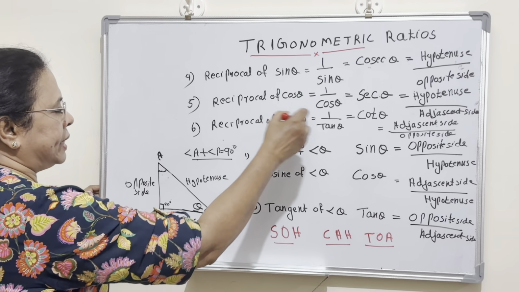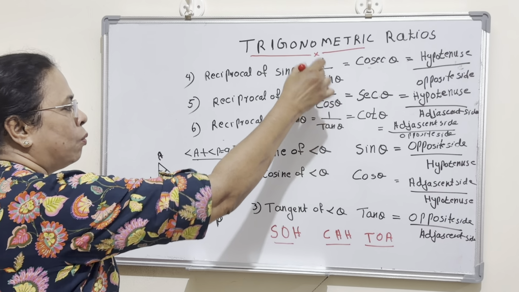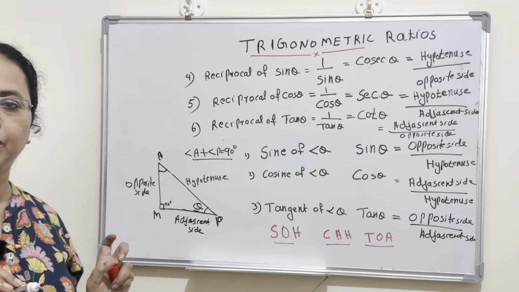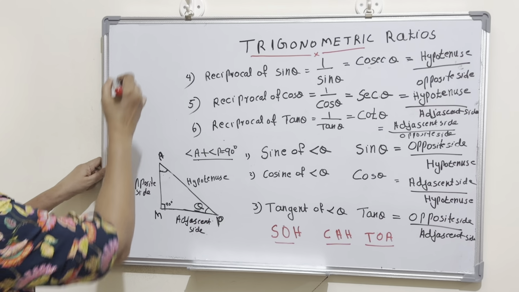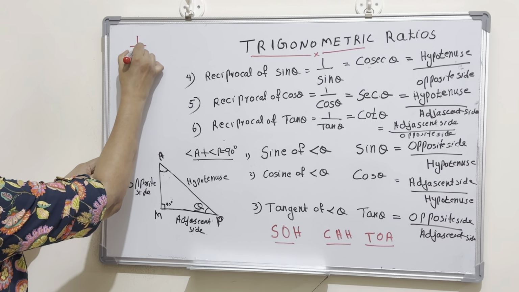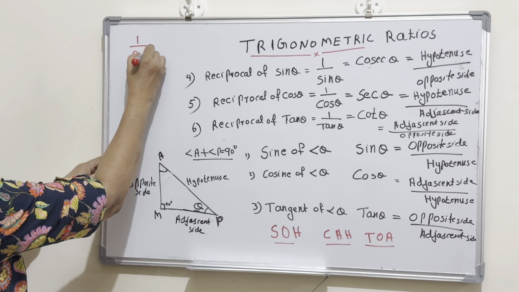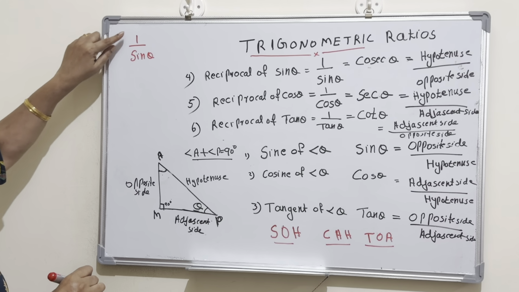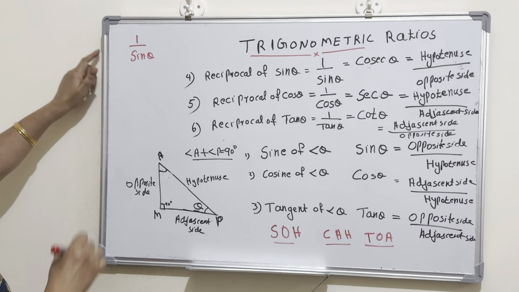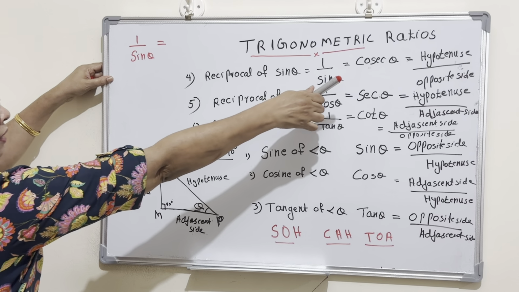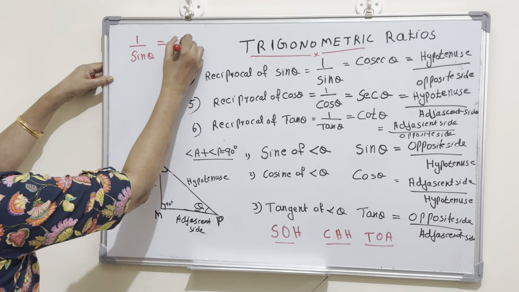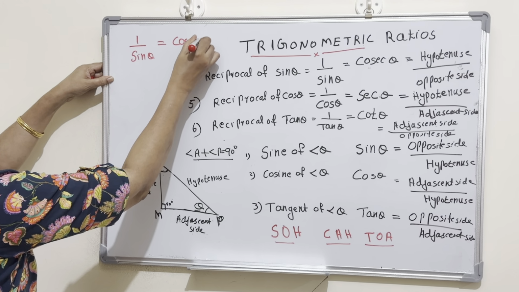When you represent the reciprocal of something, it is 1 divided by the number. So if I write 1 by sine theta, you should read it as reciprocal of sine theta. That we know is cosec theta.